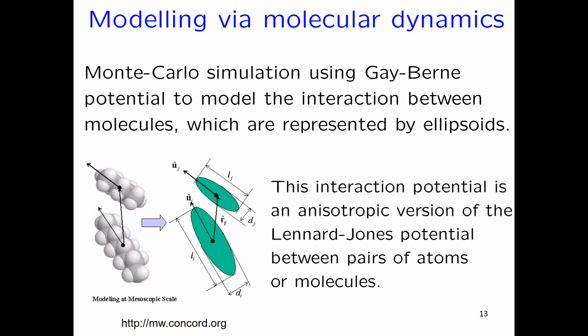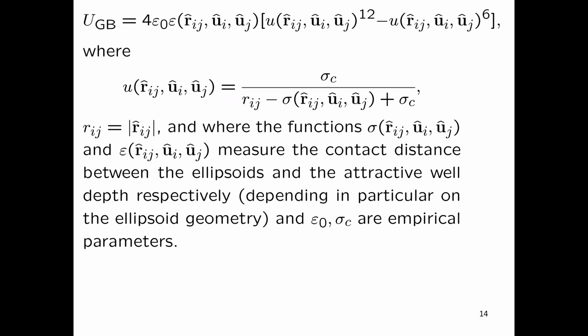And the interaction potential is some kind of anisotropic version of the Lennard-Jones potential that's familiar when one's considering pairs of atoms and molecules. It's not important for us what the actual formula is, but there it is. This is the Gay-Berne interaction potential, and there's a 12th power here.